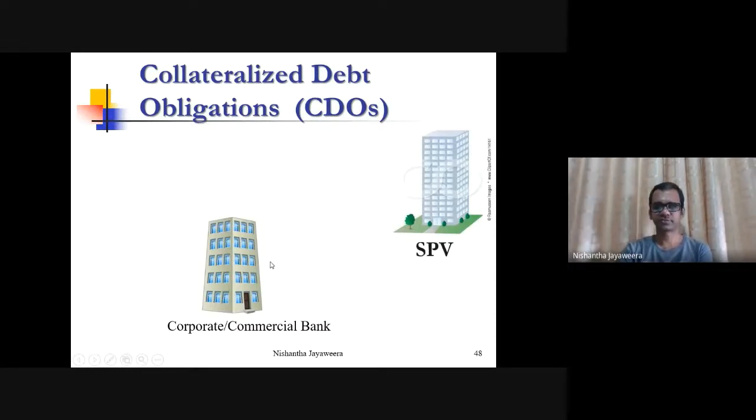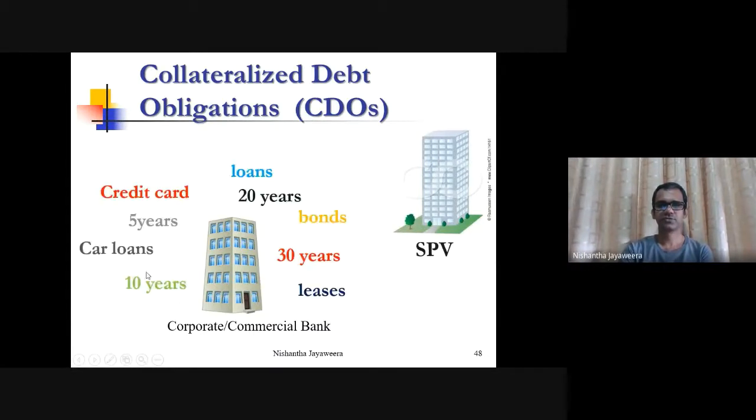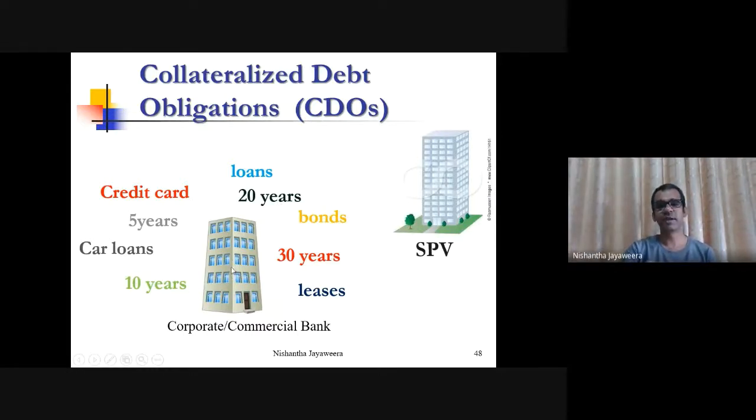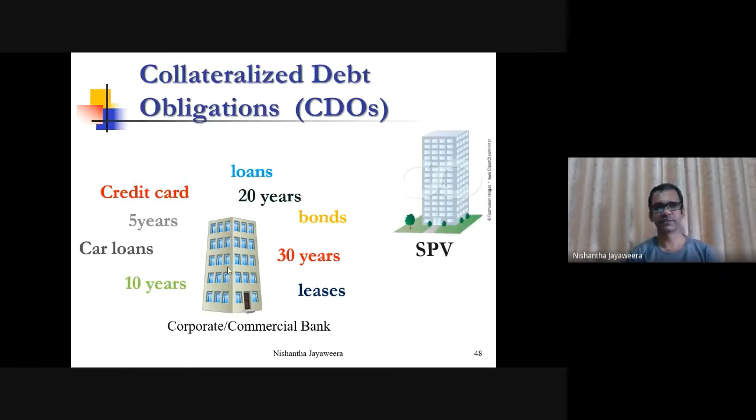Now, what is the advantage for this commercial bank? For these loans, they have to use their funds. Not only that, depending on the risk, they have to keep capital. There's a minimum capital requirement based on the risk-weighted assets.